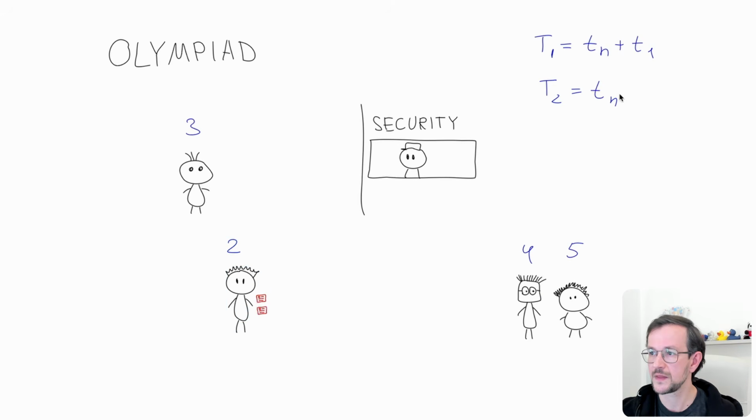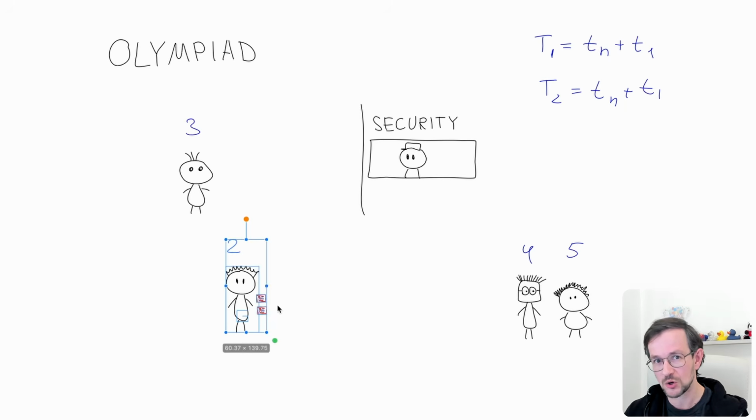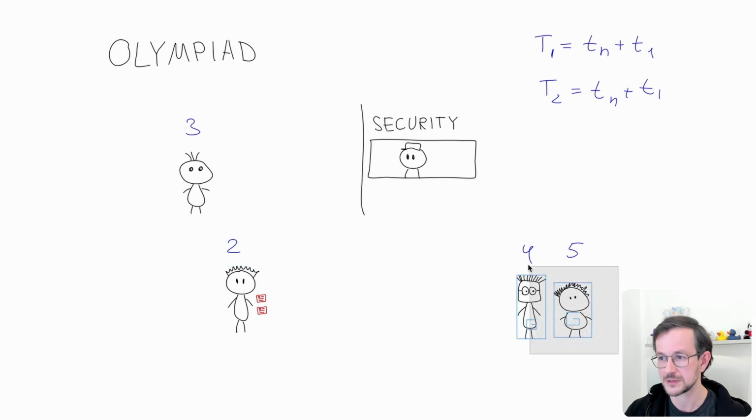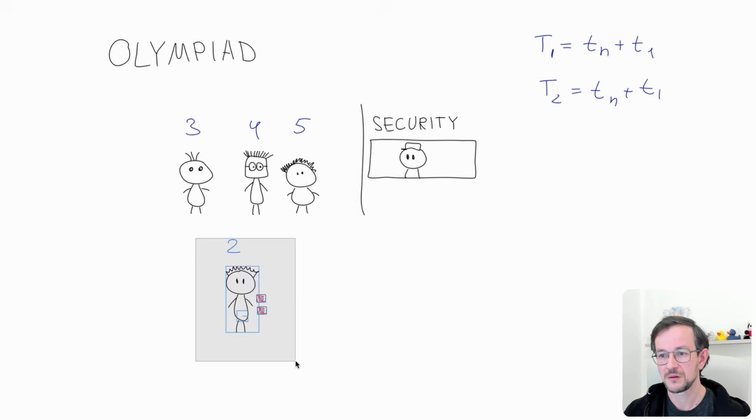It will take another T1. But the problem is that to do this, we need to make this person 1 go inside before everything happens. So before it happens, we need to somehow implant this first person inside the building.